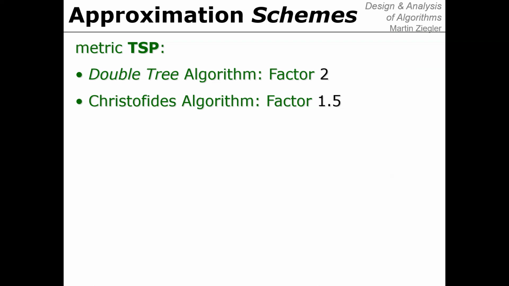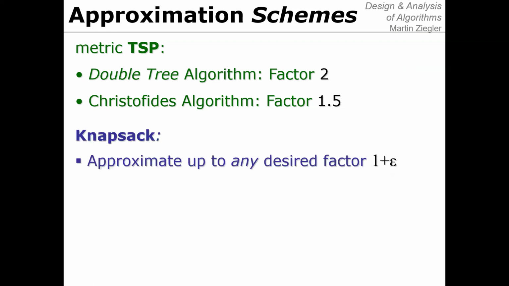For the knapsack problem, the situation is very different. For the knapsack problem, we can approximate up to any desired factor arbitrarily close to 1. And even more, this is called an approximation scheme, getting any desired approximation factor.